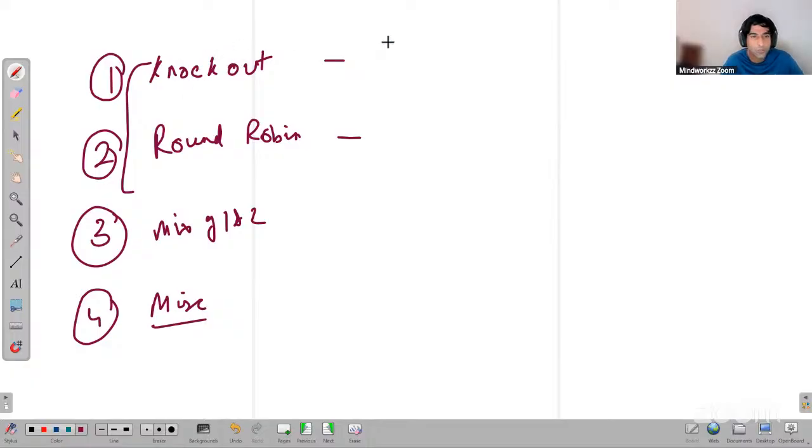When you hear the term knockout, you need to understand what it essentially means. Let's say four players are playing, A, B, C, and D, a game of cricket, for example.